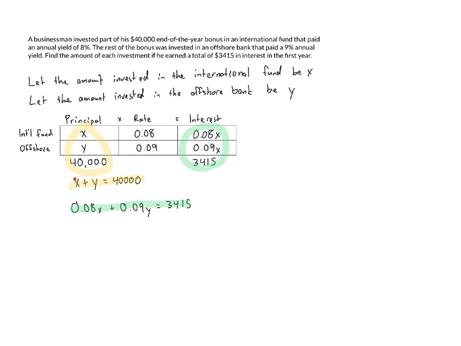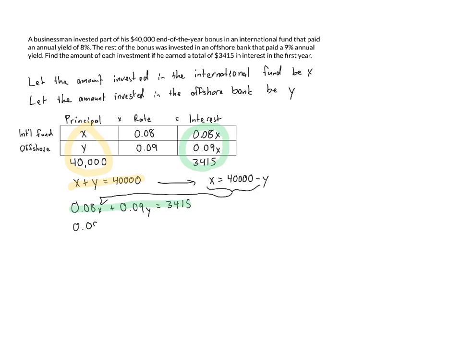So let's get x alone. If we've got x plus y equals 40,000, and we want to isolate x, we need to subtract y from both sides. And if we do that, that's going to give us x equals 40,000 minus y. Once we have this, we can substitute this into the other equation.